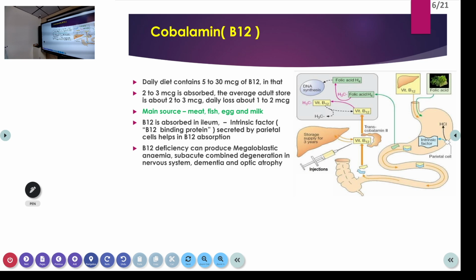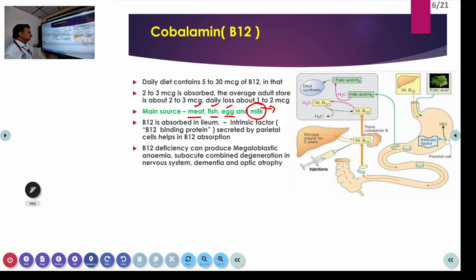Now, when we are talking about B12, we should know the source of B12: meat, fish, egg, and milk. So those who are not taking meat, fish or egg have a high chance of B12 deficiency. But if you are taking adequate milk and milk products, that can be covered up.